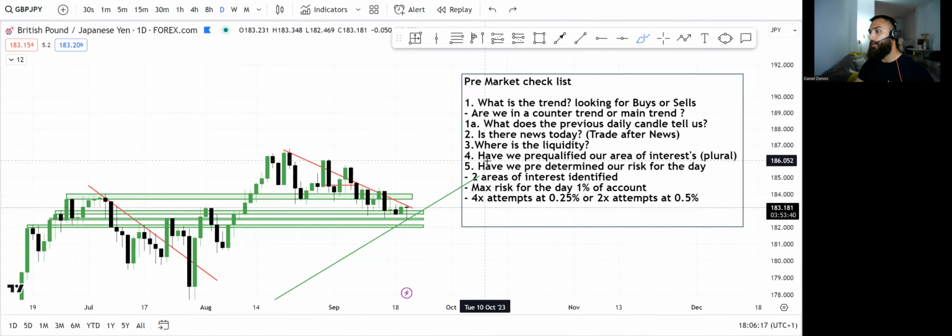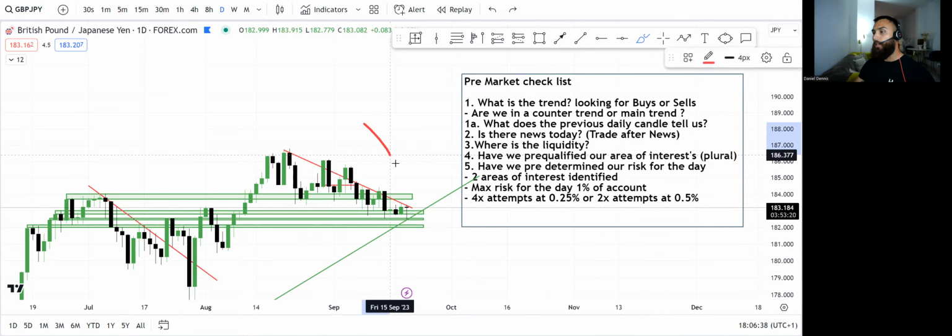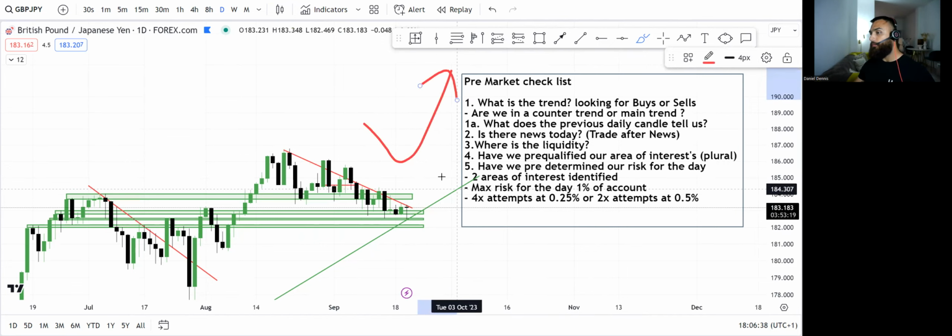So once I've identified a few levels that I think price could potentially go to before it makes its move, I will then start to predetermine the risk for the day. For example here, if we've got two areas of interest that I've identified as potential areas that price could make its move to and then keep going, one there, say one there, right?